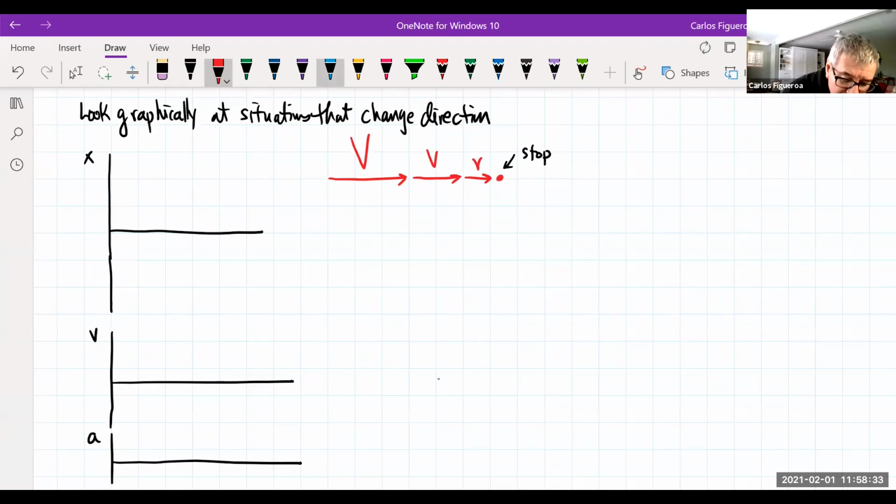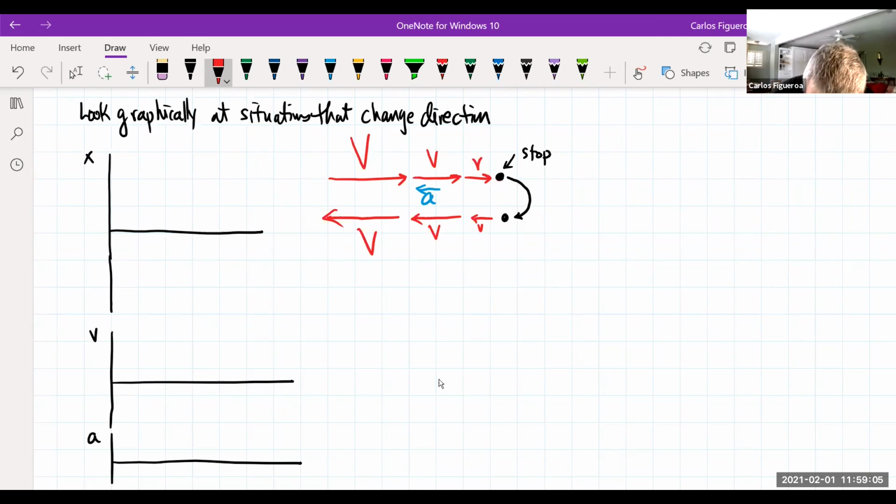Clearly, my acceleration in this case is going to be to the left. But now what happens at this one point right here is that there's a change in direction. But if I keep a constant acceleration, then I'm going to start to speed up again, because I'm still moving under this constant acceleration.